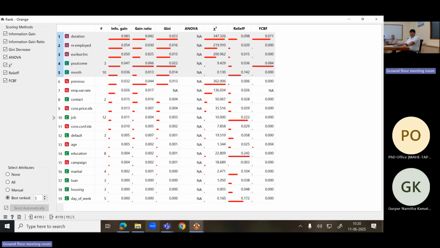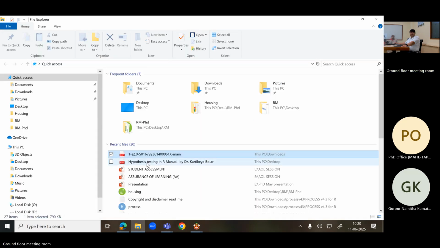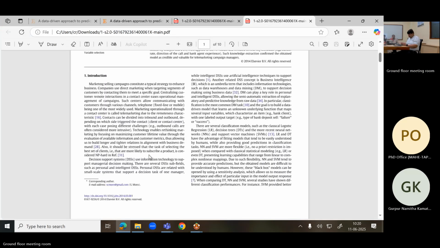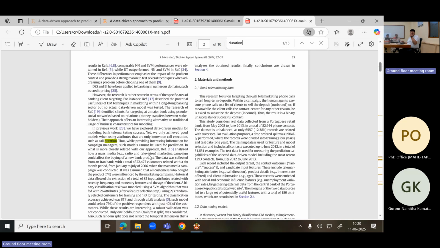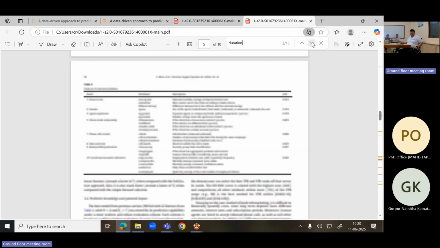So let's refer to the paper. What does duration mean? This is last contact duration. That is, what is the duration of the call?